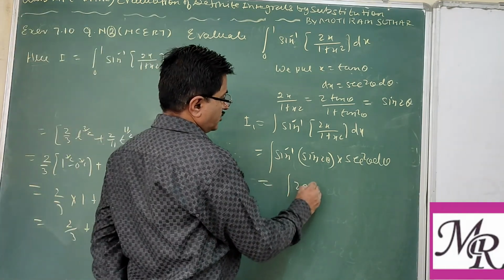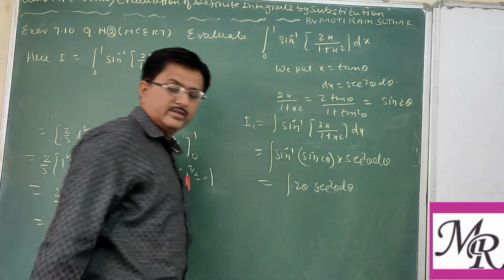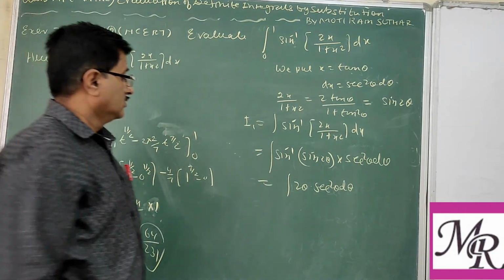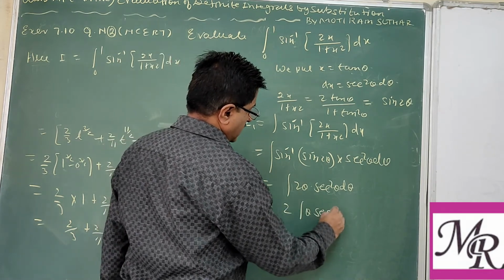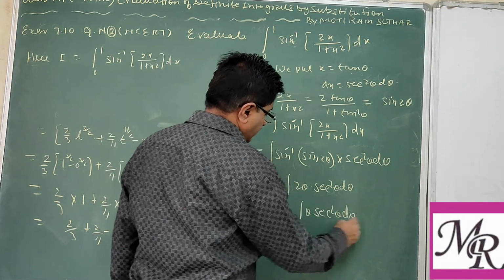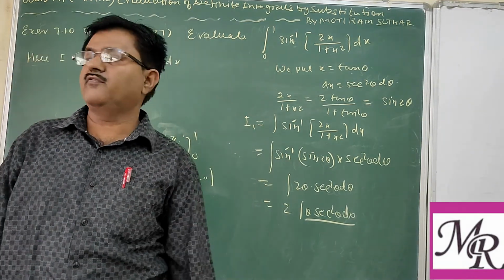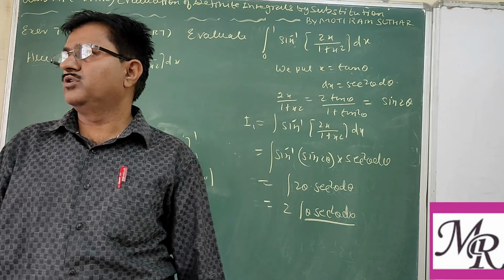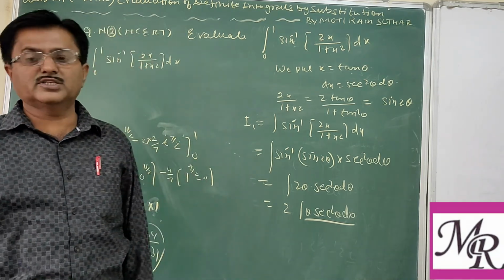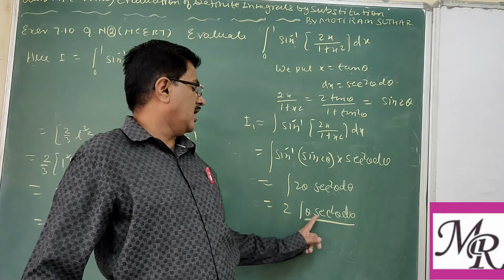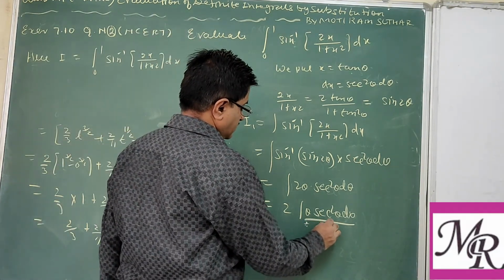So you get 2 theta sec square theta d theta. So now 2 into theta sec square theta d theta. Now this we can solve by parts. This indefinite integral can be solved by parts. According to ILATE, the first function is theta and the second is sec square.